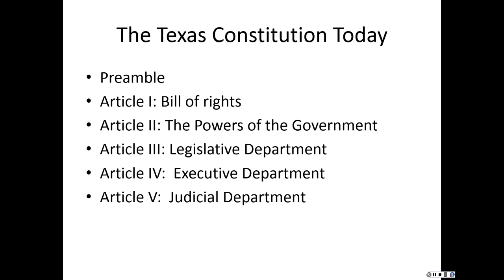Article 6, suffrage. This article states who may vote in Texas and how to conduct elections and registrations. Other than filling elected office, voters can only decide directly on 3 other matters: constitutional amendments, legislative salaries, and the decision of whether we're going to have a state income tax.